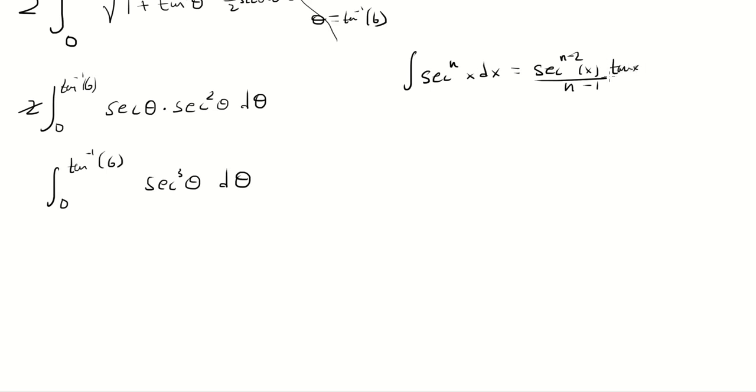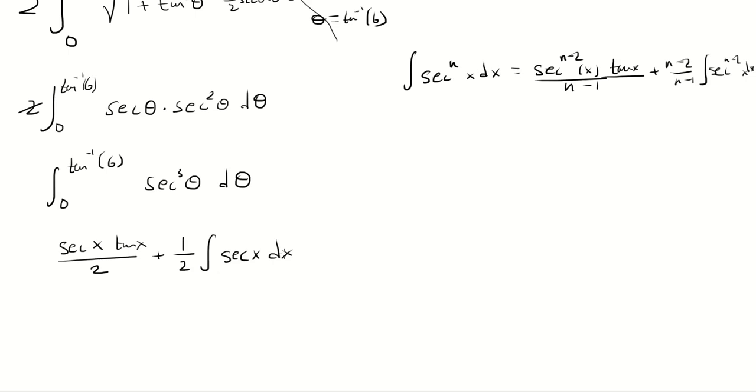So tangent x is on the top actually, plus n minus 2 over n minus 1 integral secant to the n minus 2 dx. So for secant cubed, that's going to be secant x tangent x over 3 minus 1 is 2, plus 3 minus 2 is 1 over 3 minus 1 is 2, integral secant.